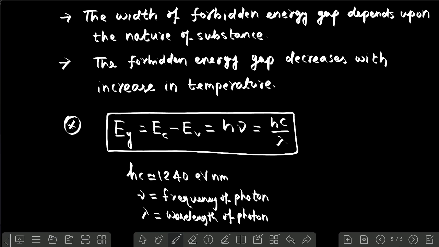Remember that: E is equal to hc by lambda or h nu. Planck's constant and speed of light multiplied give this much value, hc.